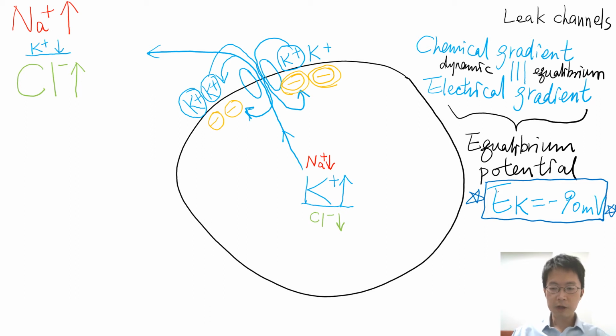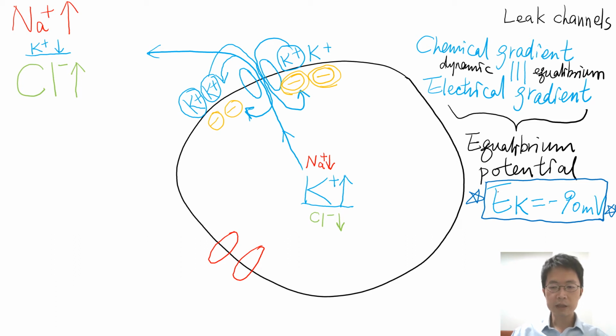Remember we have sodium. Sodium also has a sodium leak channel. Okay? Sodium will do a similar thing, but it will be opposite. Why? As you know, sodium has a high concentration outside and a lower concentration inside. So what will happen?